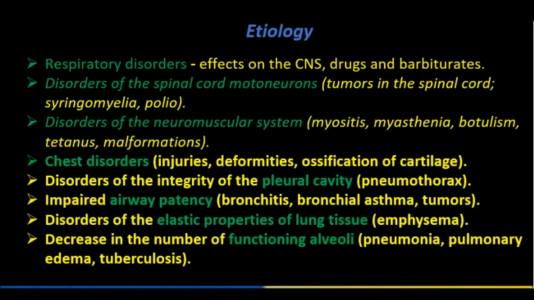Chest disorders: injury, deformities, ossification of cartilage, disorders of the integrity of the pleural cavity, pneumothorax, impaired airway patency, bronchitis, bronchial asthma, tumors, disorders of the elastic properties of lung tissue, emphysema, a decrease in the number of functioning alveoli, pneumonia, pulmonary edema, tuberculosis.